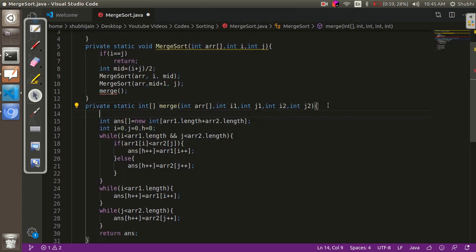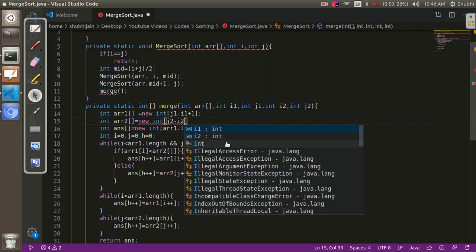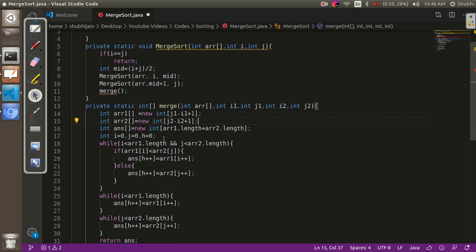After this, I'll take 2 arrays, array 1 of the size of the first array, that is j1 minus i1 plus 1, and another array, array 2 of the size of the second, that is j2 minus i2 plus 1.